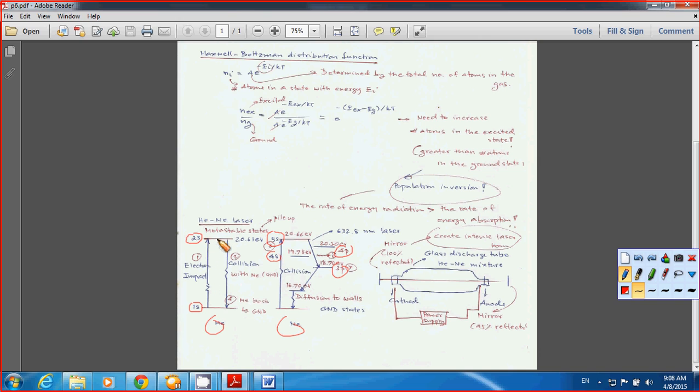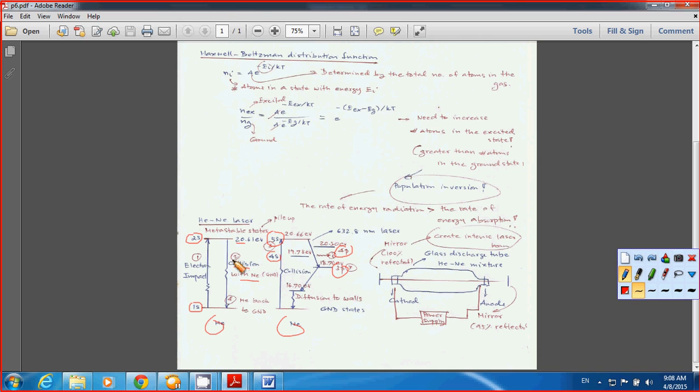Approximately, the 2s energy level is about 20.61 electron volt. And when it tries to go down to the ground state, the lower energy level, it's going to collide with the neon at the ground state here. So that's why I have step number 2.